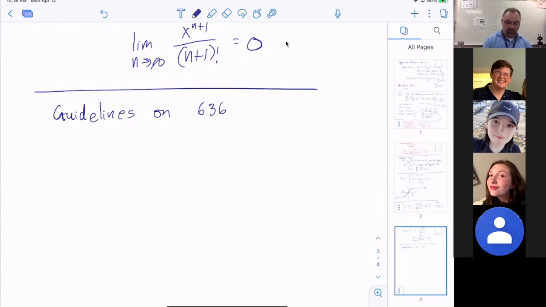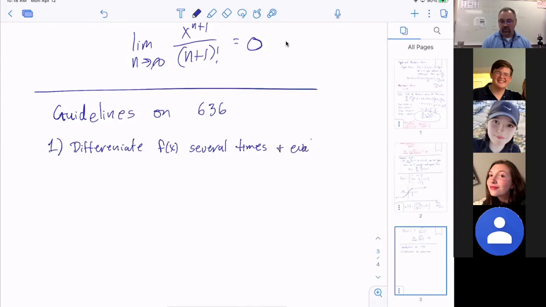For one, you start finding derivatives several times, and evaluate those derivatives at the center point.